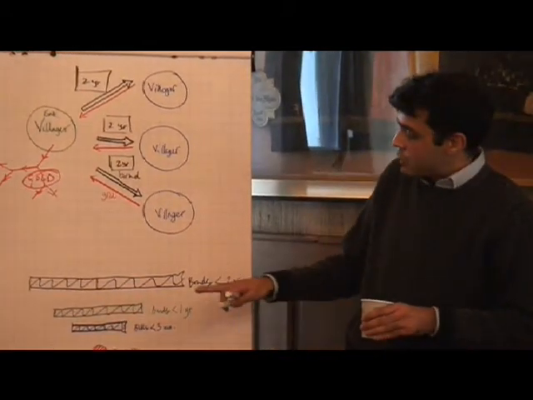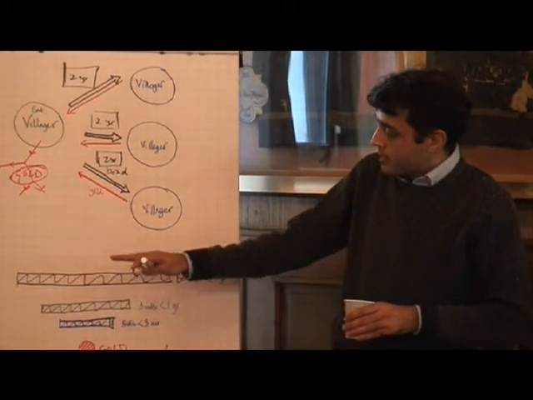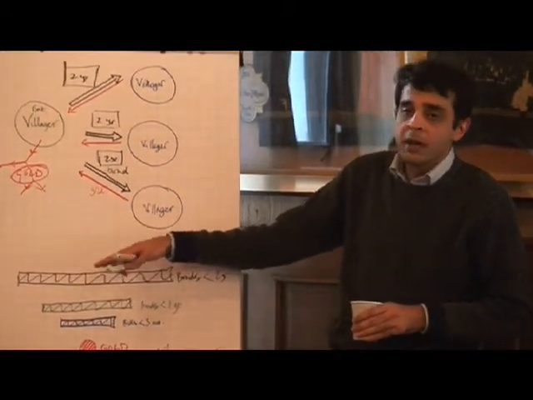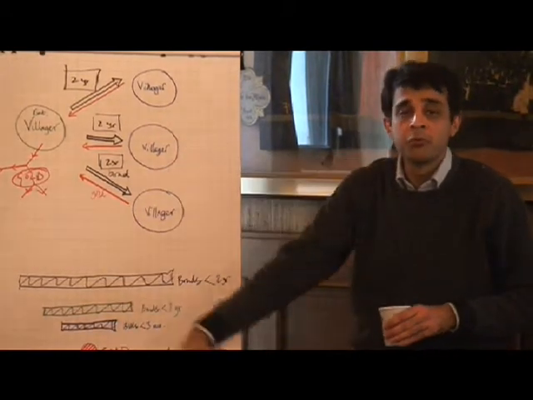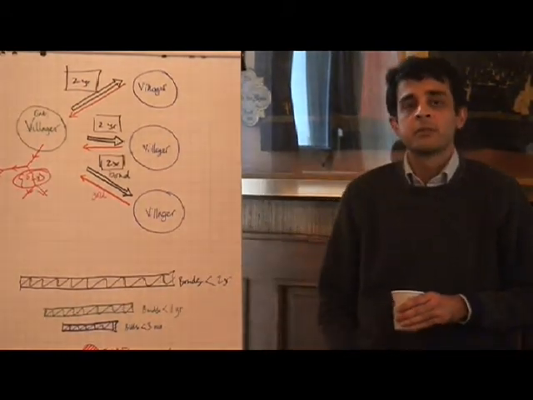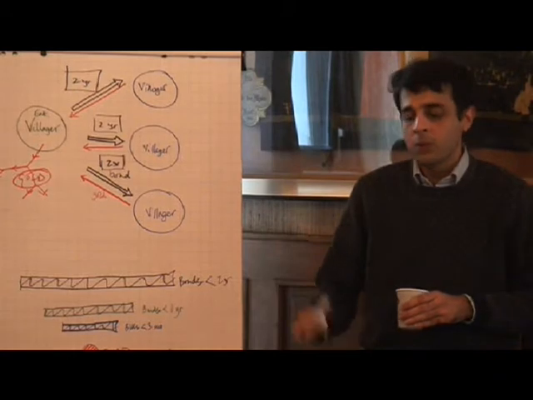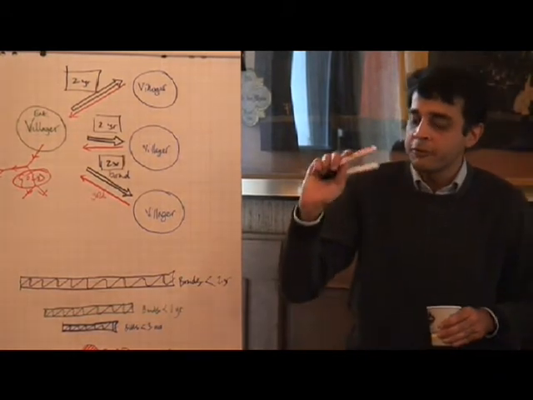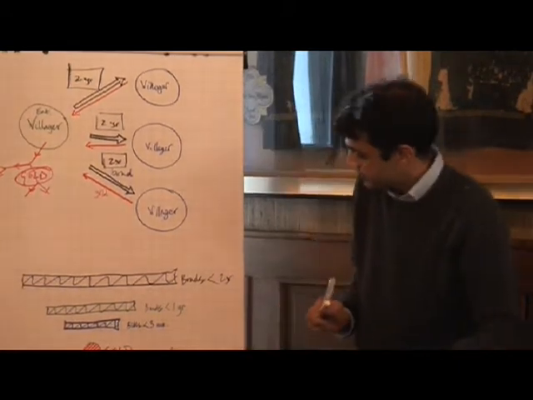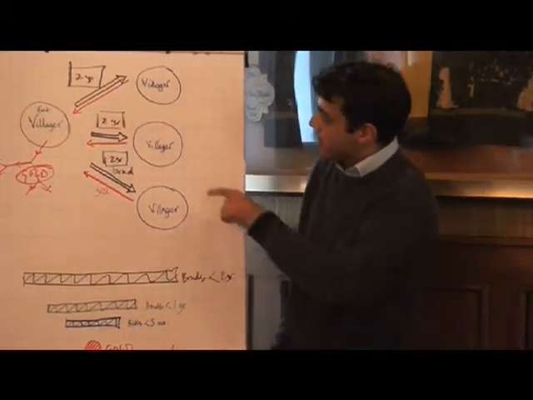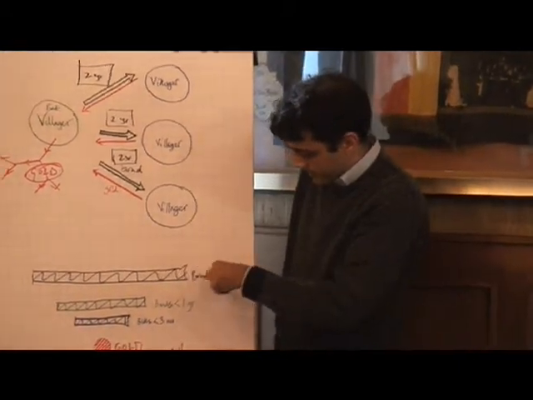And you can rank all of the bonds by their frequency, by how quickly they move, how quickly they liquidate. That's why I was talking about the frequency of social interaction. So you have the villagers' bonds here.